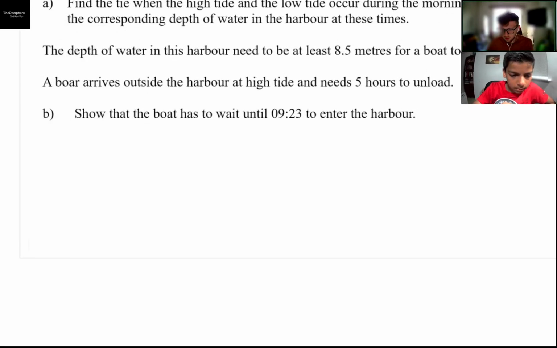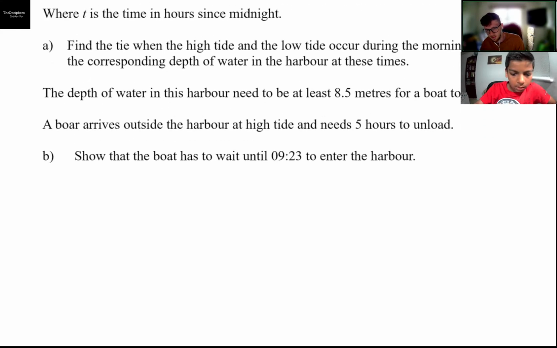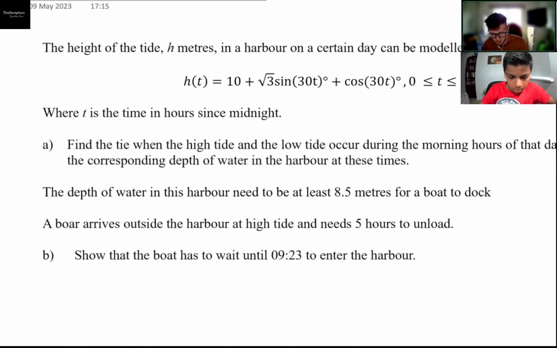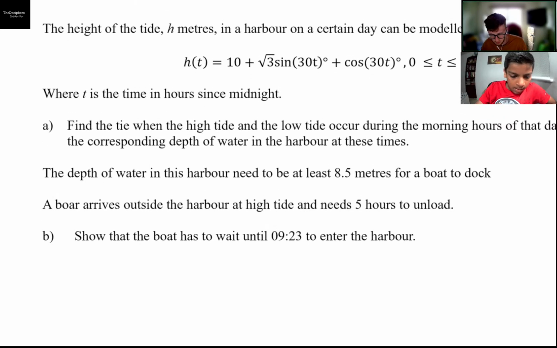Challenge question. Similar sort of idea, but one bit similar to one we've already done, talking about water varying, talking about the tide. So we've got the height of the tide, h meters in a harbour on a certain day, can be modelled by the equation h(t) equals 10 plus root 3 sine 30t degrees plus cos 30t degrees, and t is between 0 and 12, in hours since midnight.